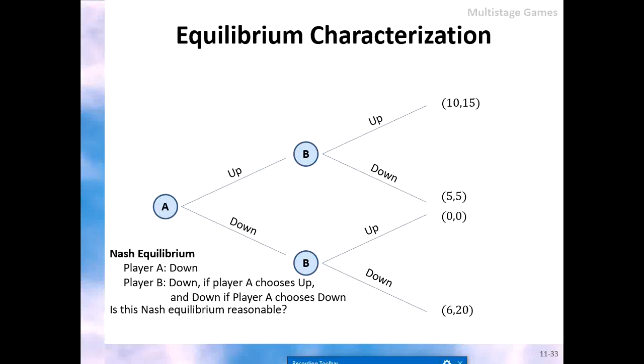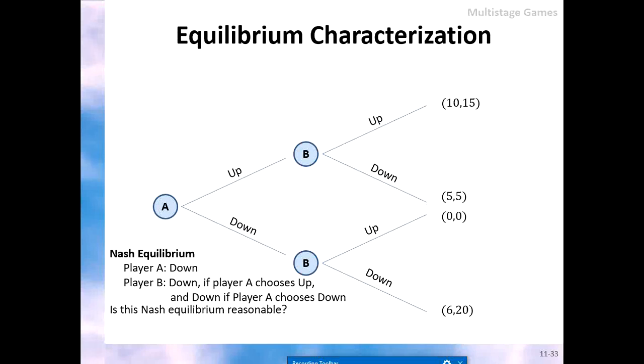Given this strategy, what is the best choice by player A? If A chooses up, she earns only 5, since B is going to choose down. But if she chooses down, she is going to earn 6, since B also chose down. Given a choice between 5 and 6, player A prefers 6 to 5. Therefore, player A will choose down.